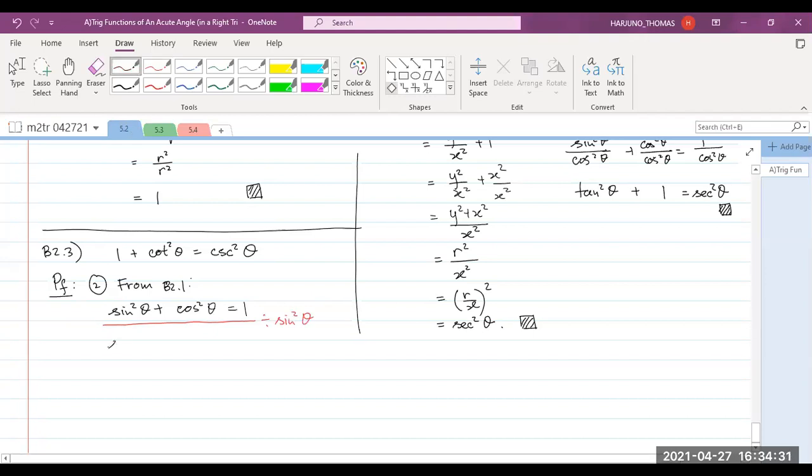When I divide sine squared theta by sine squared theta, that becomes 1. Cosine squared theta divided by sine squared theta becomes cotangent squared theta. 1 divided by sine squared theta will be cosecant squared theta.